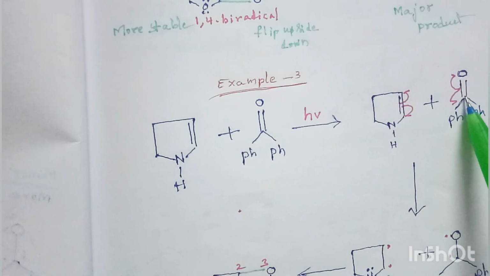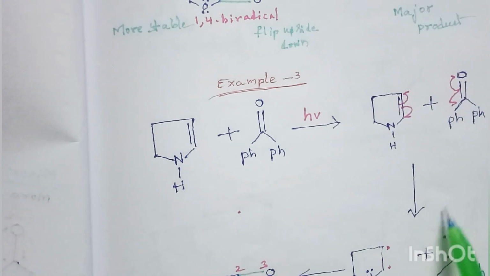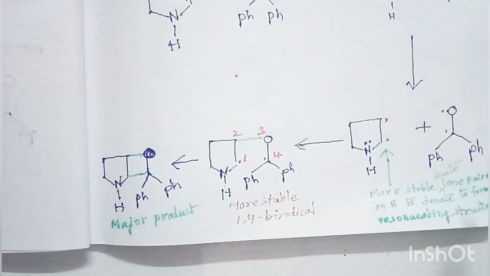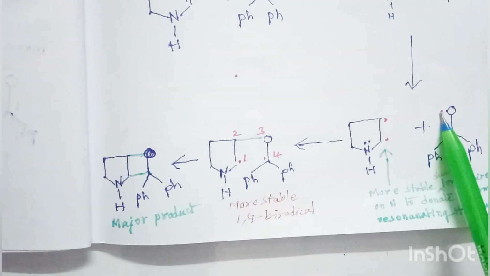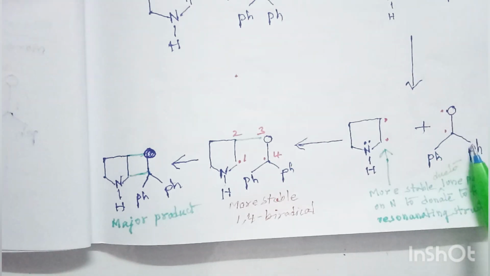This pi bond also cleaves to form two radicals, as a result of which we get an oxygen radical, which is less stable, and a carbon radical, which is more stable in benzophenone.